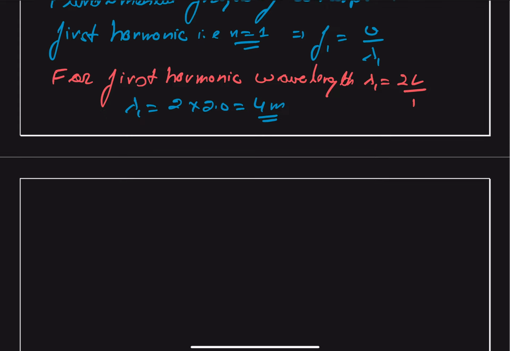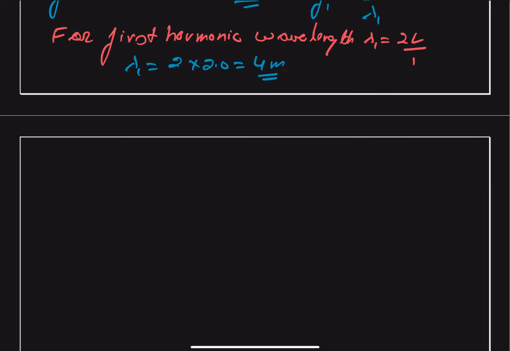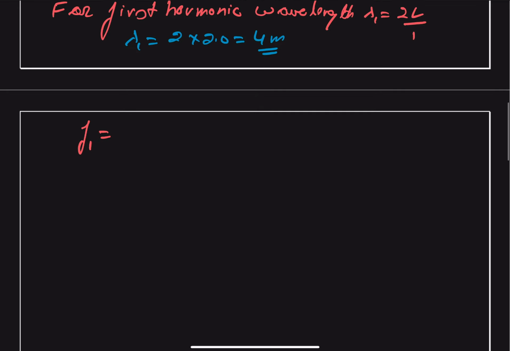So therefore frequency f1, fundamental frequency, is equal to velocity we know 320 divided by 4, and this comes as 80 hertz.